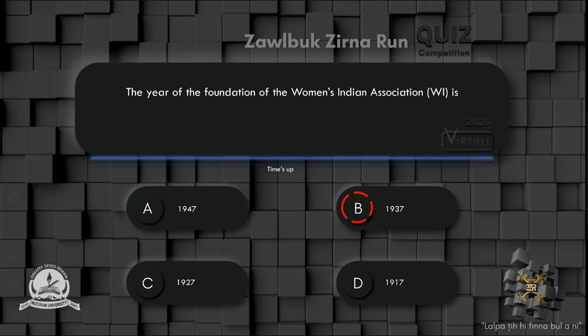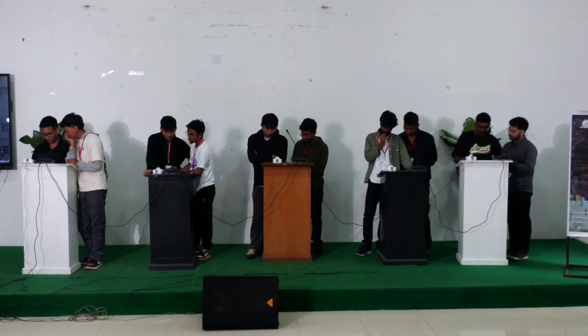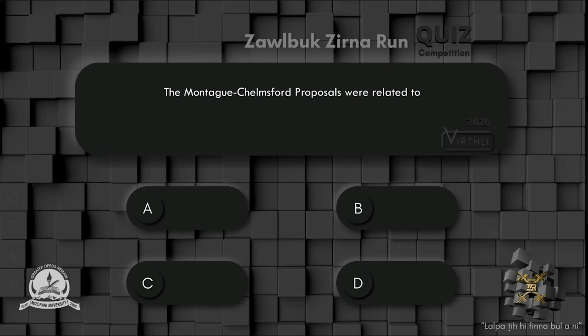Okay, their answer is option B, 1937. Sorry, the correct answer is option D, 1917. Okay, table 2, this is your question. The Montagu-Chelmsford proposals were related to, your options are A, social reforms, B, educational reforms, C, reforms in police administration, and D, constitutional reforms.